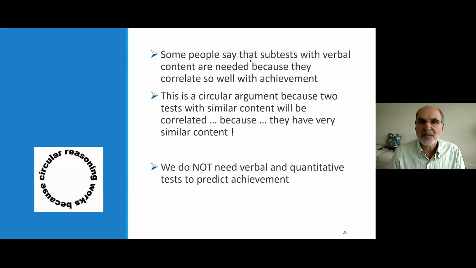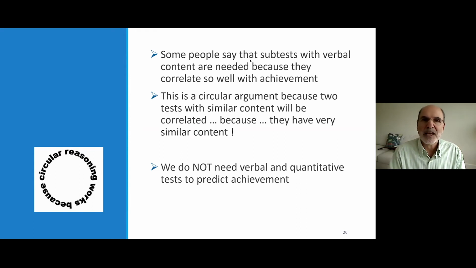And that creates an interesting problem, because here's the counter argument to me. Some people say, well, you have to have verbal tests because verbal intelligence, which I reject that notion, but verbal intelligence is a good predictor of achievement. To me, that's a circular argument, right?